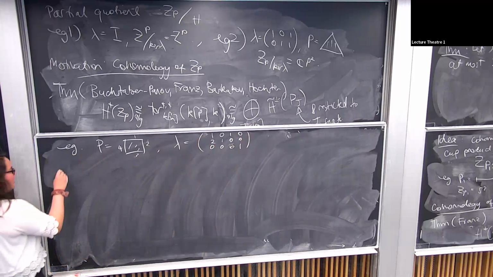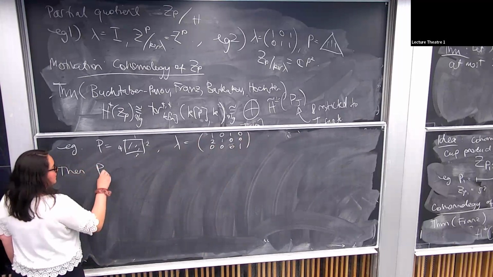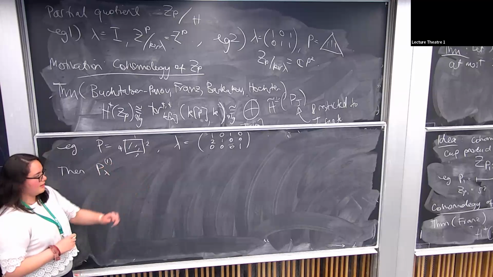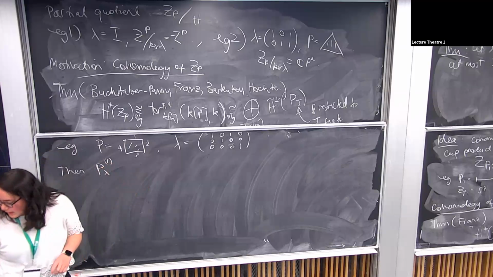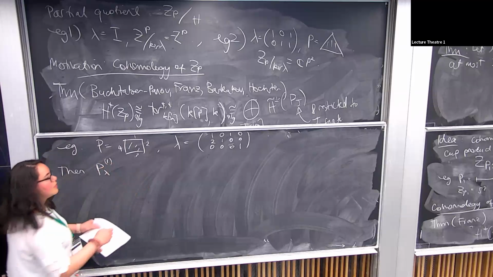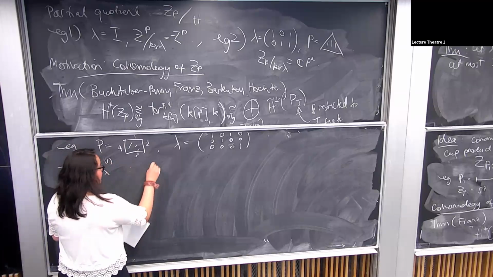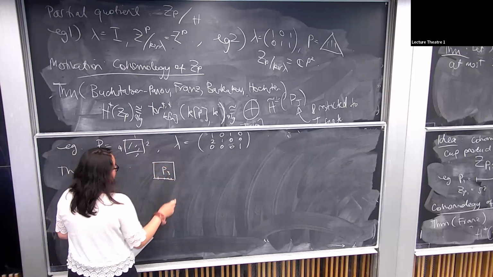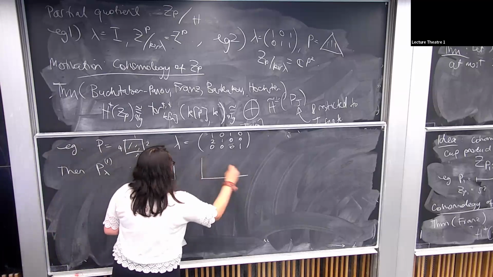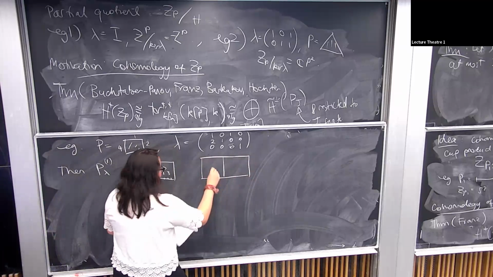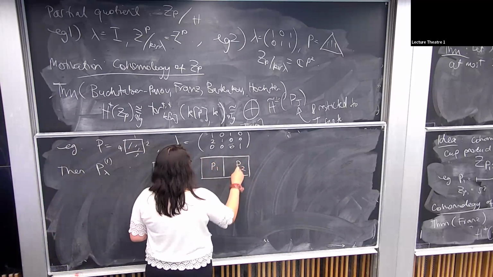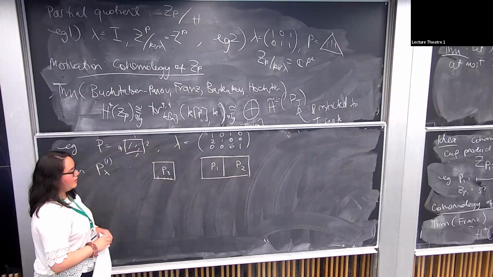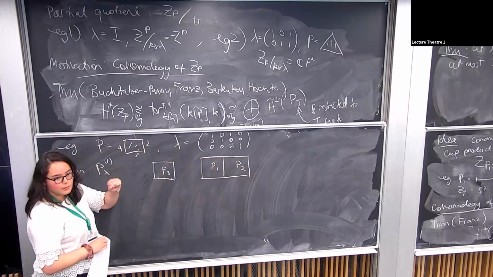Then in this case, if we were to look at the first complex in the sequence, it should look something a little like this. So we're going to have 3 copies of the square, 1, 2, one for each row.